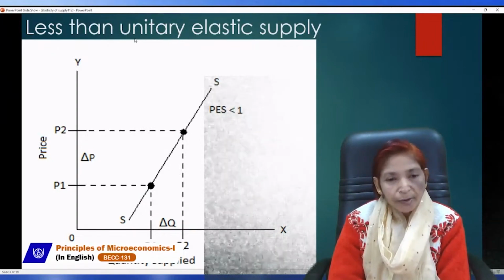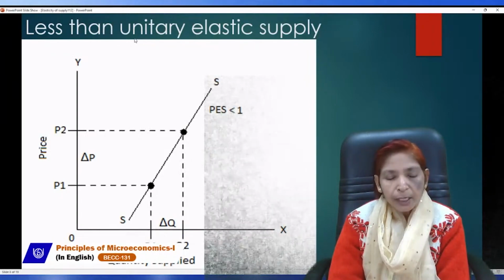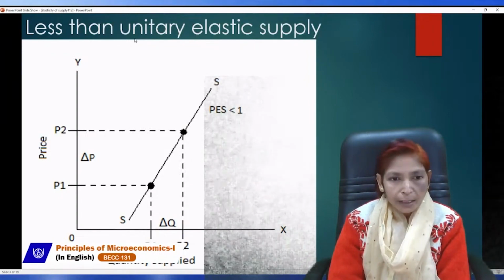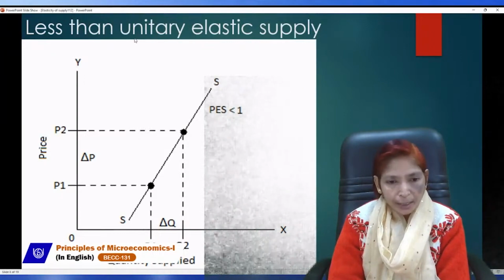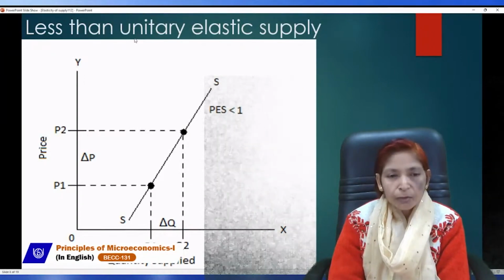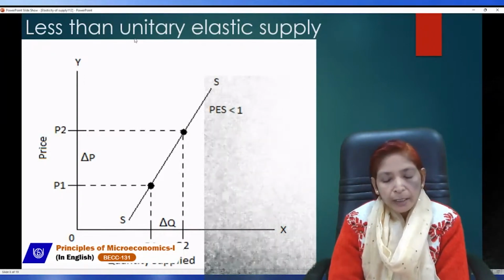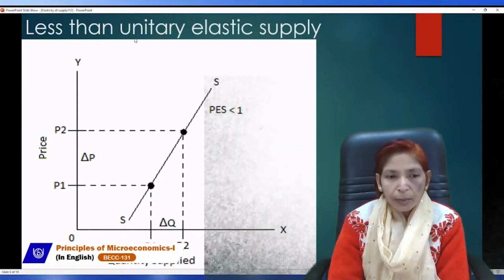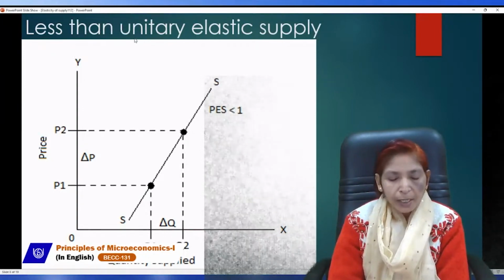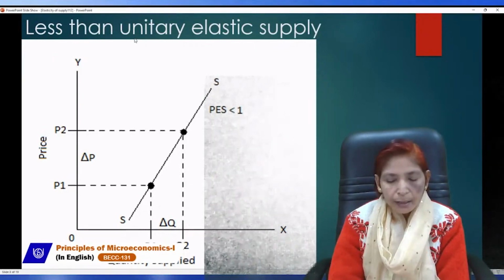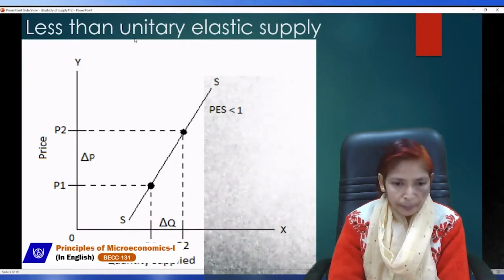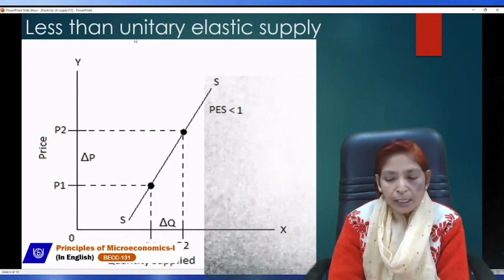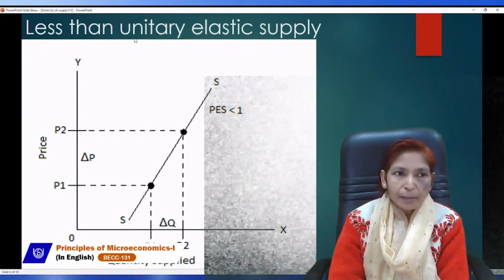In case of perfectly inelastic supply, the supply curve will be a vertical line parallel to the y-axis, and Es will be equal to 0. In case of perfectly elastic supply, the supply curve will be a horizontal line parallel to the x-axis and Es will be infinity.